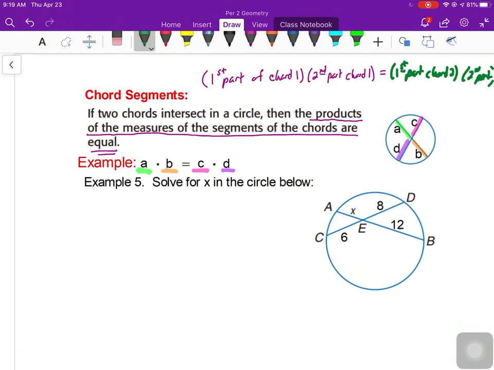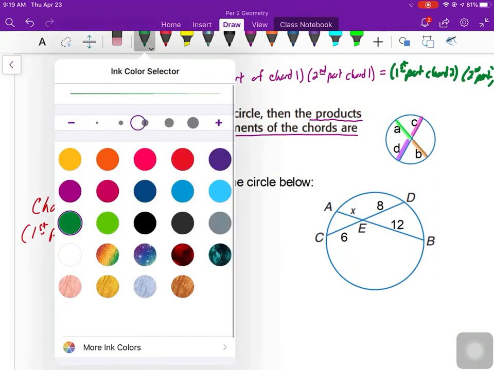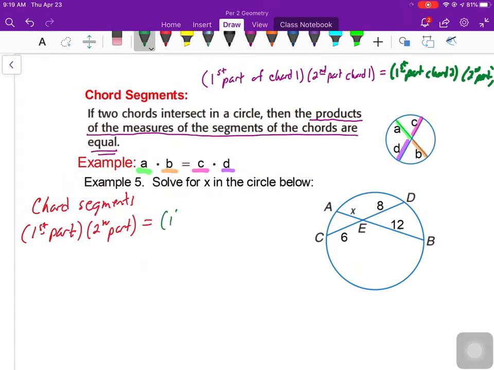Let me show you what I mean there. In this problem, we're supposed to solve for x. We have chord segments. If you have chord segments, you take first part of the first chord times second part, and that has to equal the first part of the other chord times the second part of the other chord.